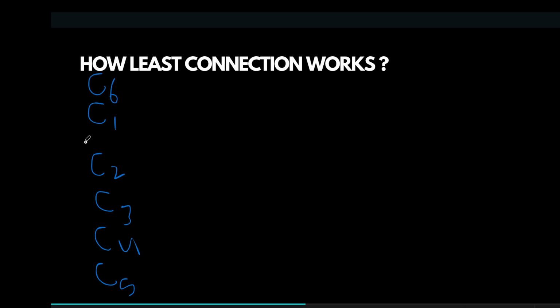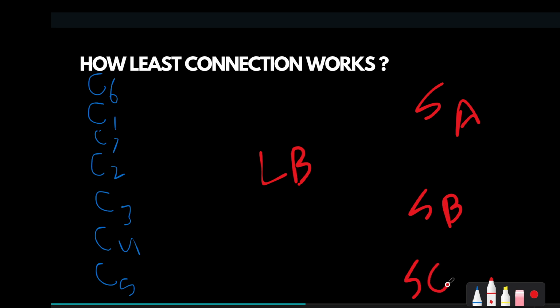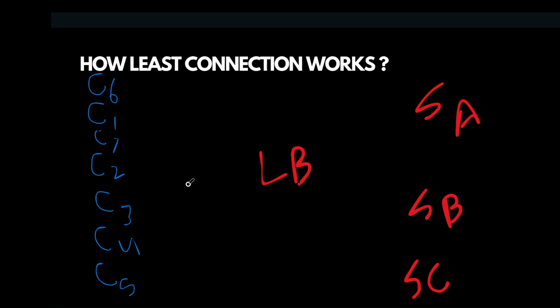We have 7 clients, okay. And we have our load balancer. And let's say that we have 3 servers: server A, server B, and server C. Okay, we have 3 servers, we have 7 clients. So initially, all servers right now have 0 active connections.